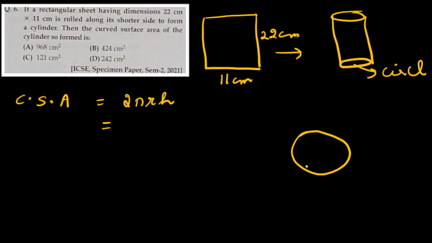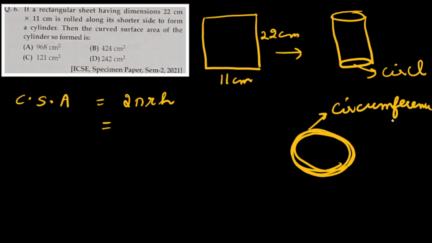This part of the circle is known as circumference. Always remember, whenever the sheet is rolled along shorter side, the shorter side will become circumference. If it is rolled along longer side, then longer side will become circumference.